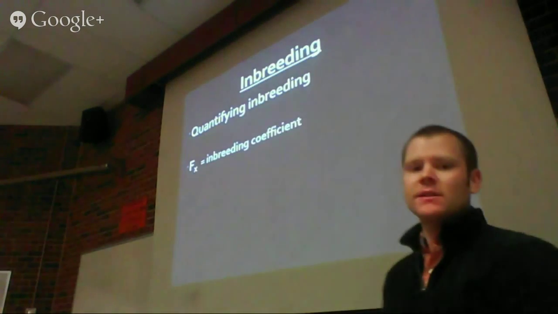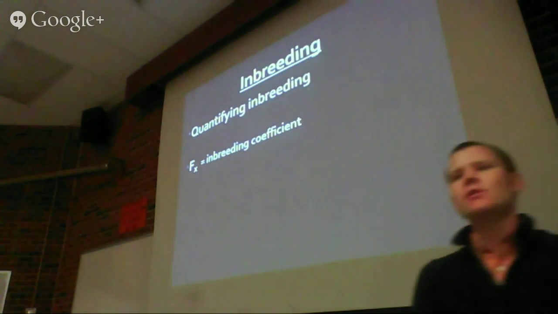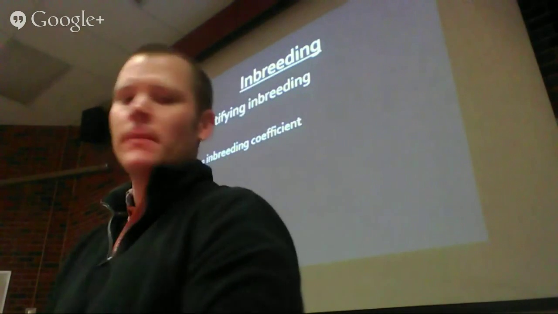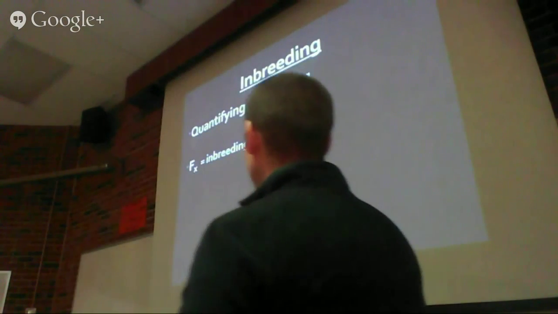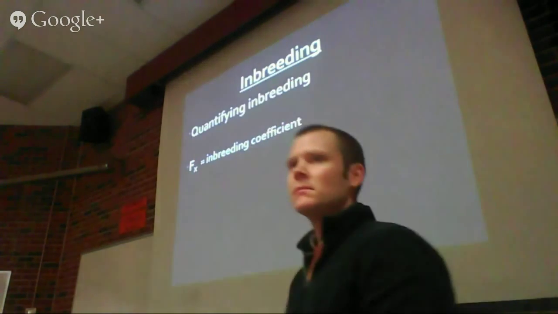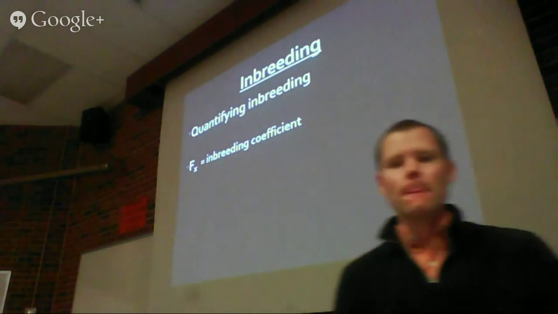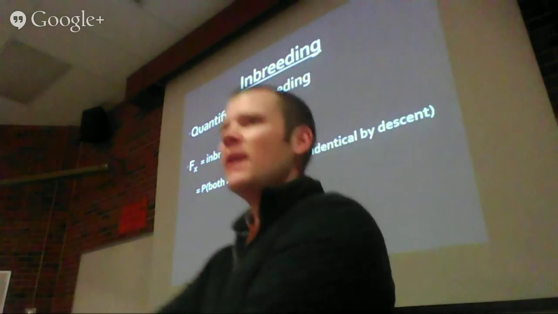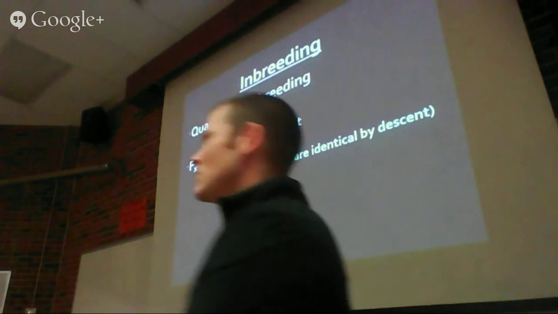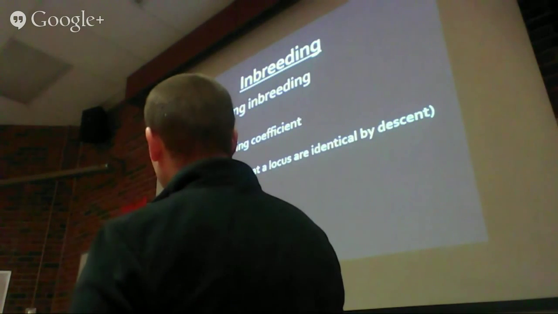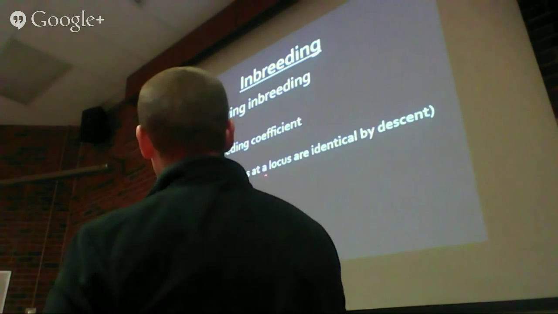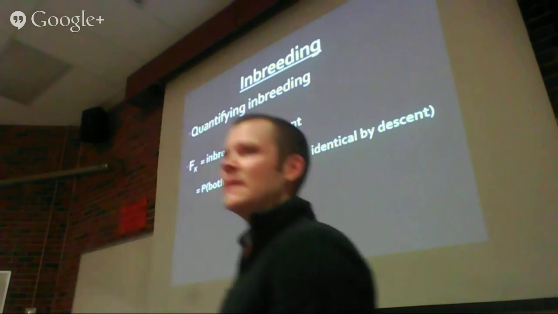So we have actually a term for inbreeding. It's something we can measure and keep track of. It's actually quite important to measure and keep track of it in our population structures. So we call the inbreeding coefficient F sub X. So in more theoretical terms, the inbreeding coefficient is really asking what is the probability, so P for probability, that both alleles at a locus are identical by descent?